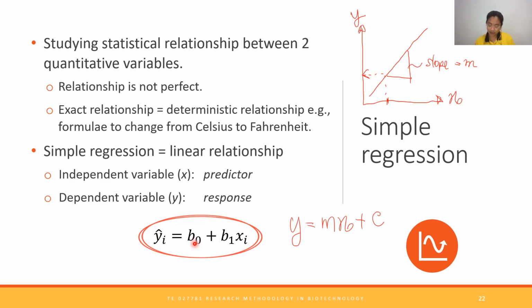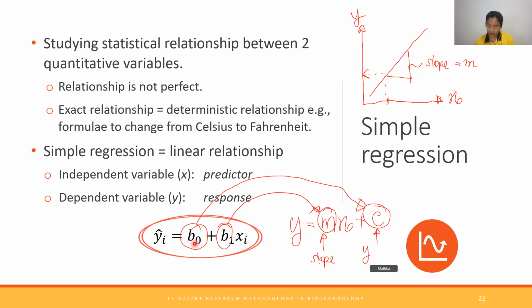You can use symbols like mx plus c, or you can have b1, b0, or whatever it is. In this case, b1 is m and b0 is c, and you know that m is the slope and c is the y-intercept.